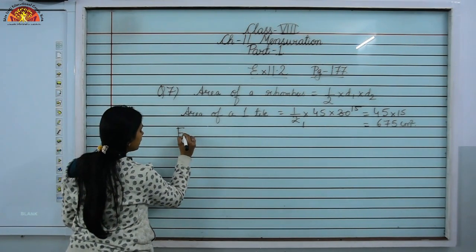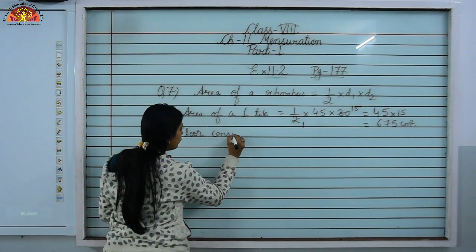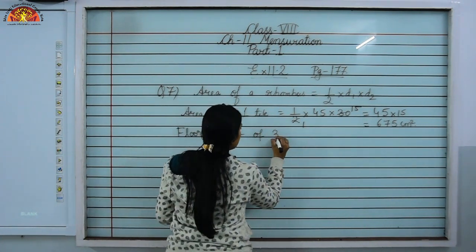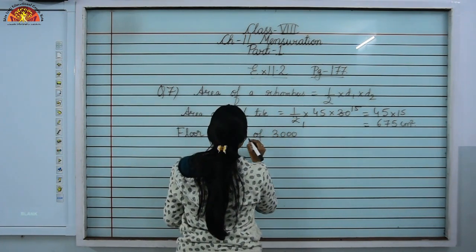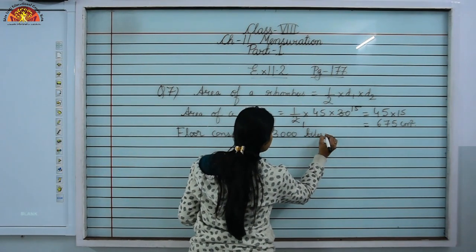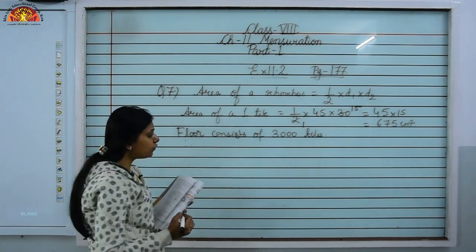So first we write, the floor consists of 3000 tiles. We have to calculate the area of a floor.